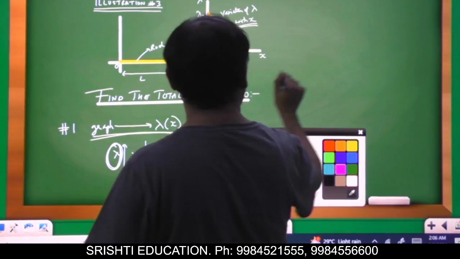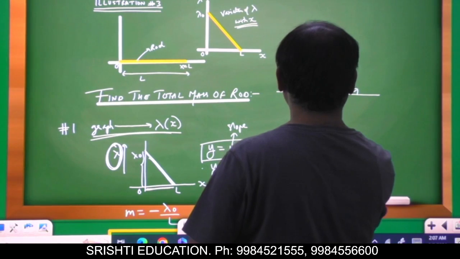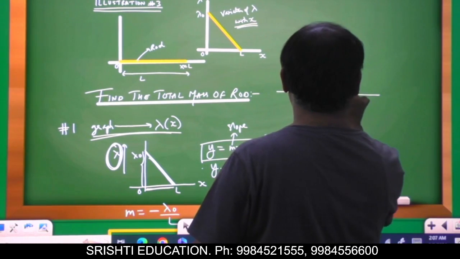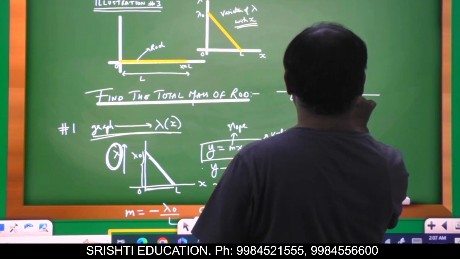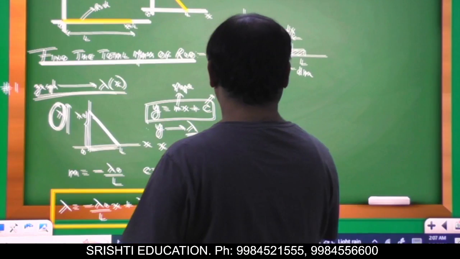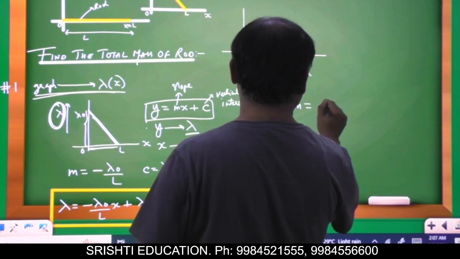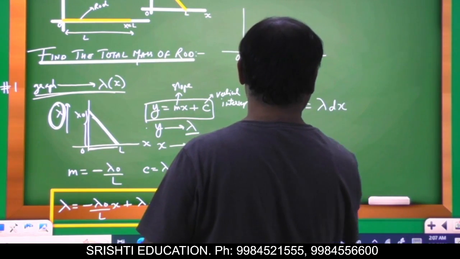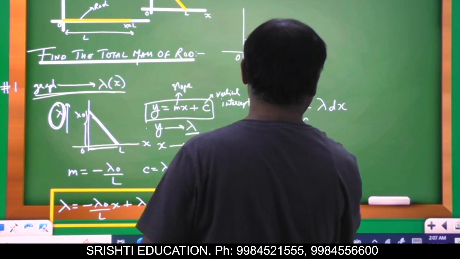So now the problem is very straightforward. This is your rod. Take one element at a distance x, thickness dx, and say this element has a mass dm. So dm will be lambda dx, and m will be the total mass of the rod, integral of dm.